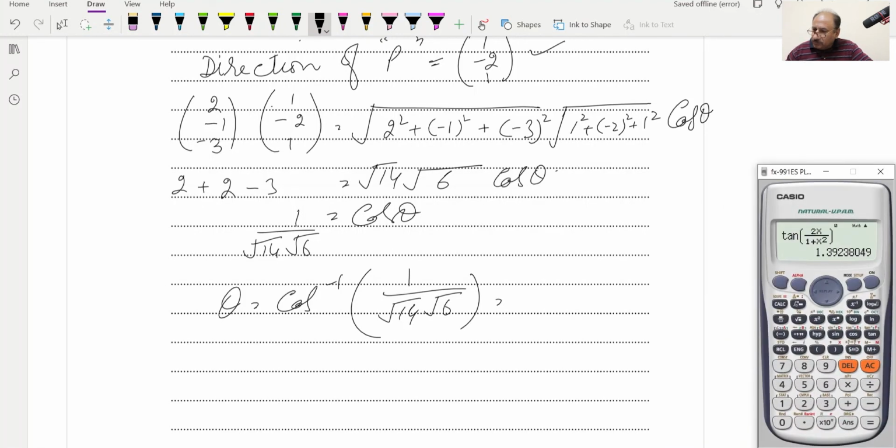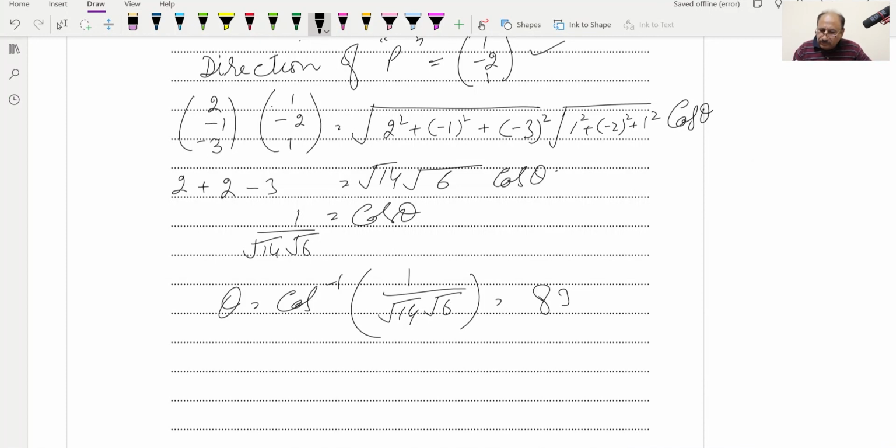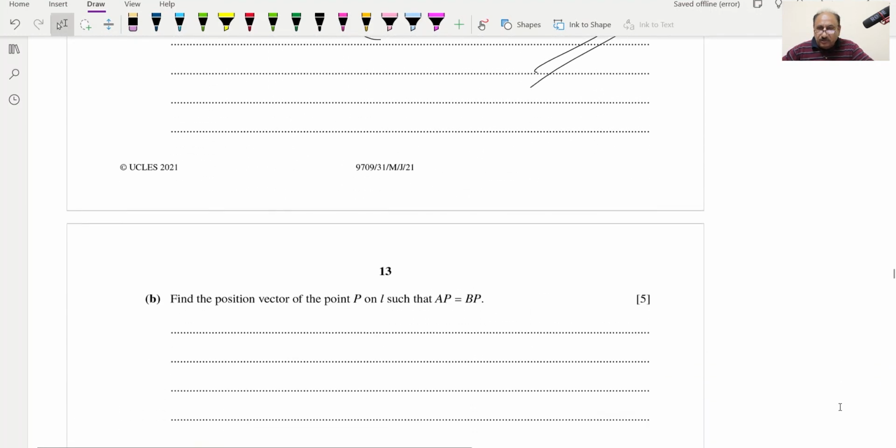On the calculator: shift cos of 1 over square root of 14 times square root of 6, bracket close. This is in radians, we can shift into degree mode, and this will be equal to 83.7 degrees. You can provide the answer in radians as well, not an issue.